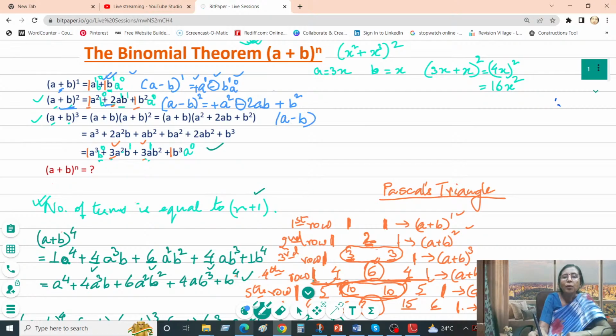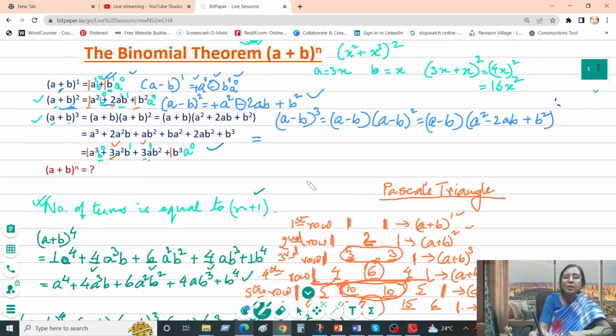A minus b whole raised to the power of 3 will be equal to a minus b times a minus b whole square, equal to a minus b and a square minus 2ab plus b square, from this part I have taken. Okay. And now I'll be doing the multiplication.